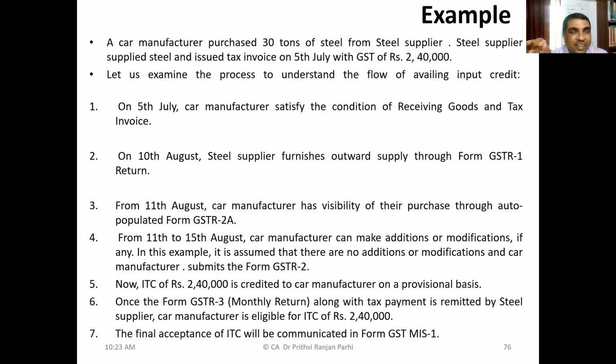Now, to understand the entire concept, we need to take an example. Quickly, let us learn this example first. Let us say one manufacturer is purchasing steel and is using it for producing something. When he purchases steel, the person who has supplied the steel has to file a GSTR 1. He will specify in detail that this much material I have supplied to this person.